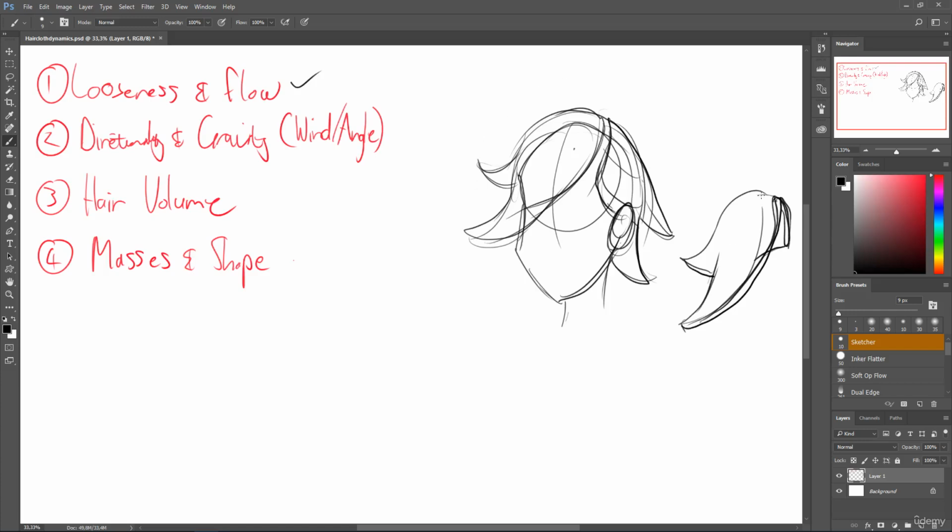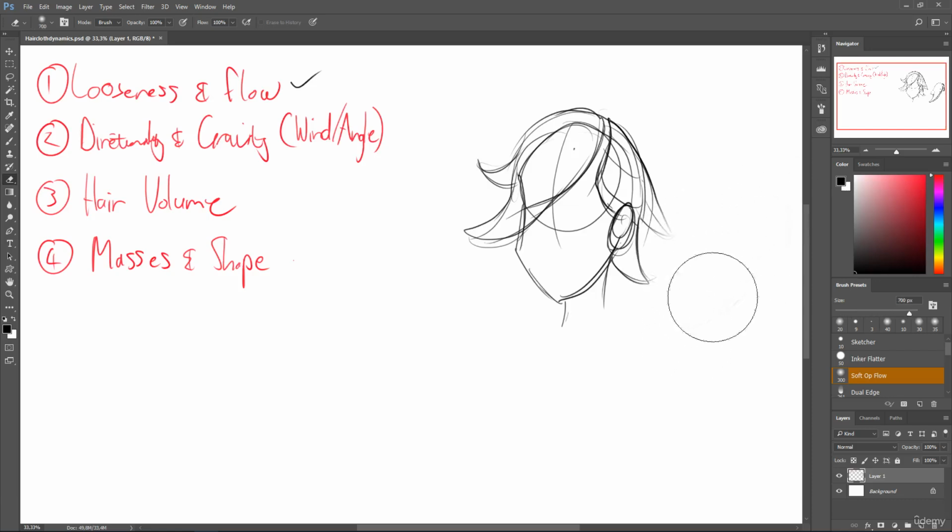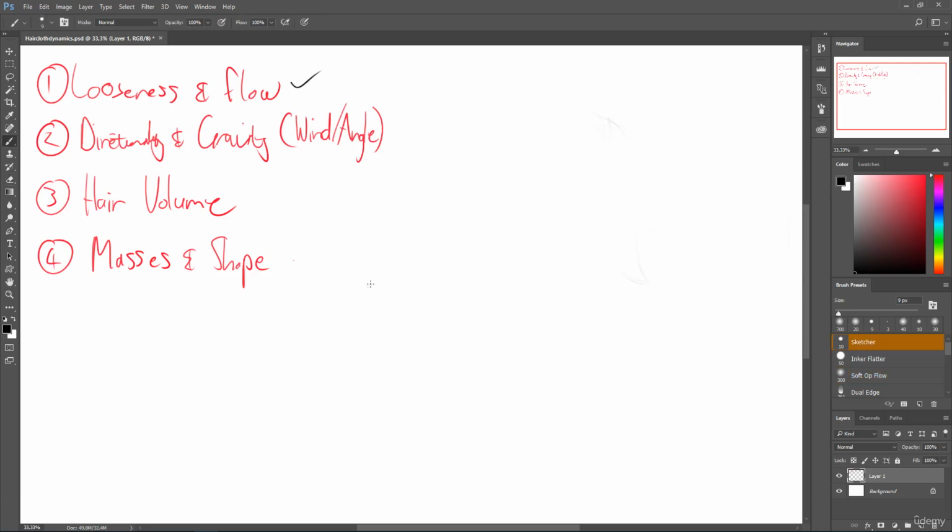So we want to think about the massing in our planning stage. In our refined stage is where we will turn the hair into smooth, beautiful, silky, lovely looking hair. All right. Let's clear this stuff out of the way. So we want to keep masses and shape in mind.